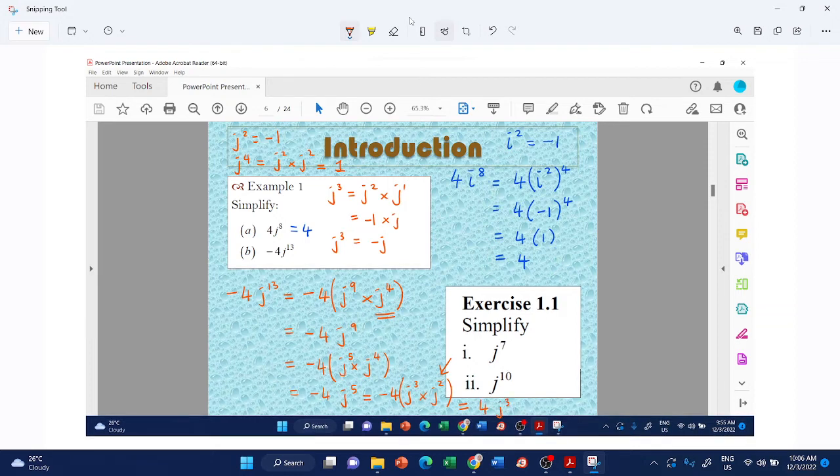J power 3. Then J power 3 tadi we've already find out is negative J. 4 times negative J. Then we have negative 4J. Simplify. So this means here negative 4J. Do you get here? Macam ni kita reducekan dia negative 4J.